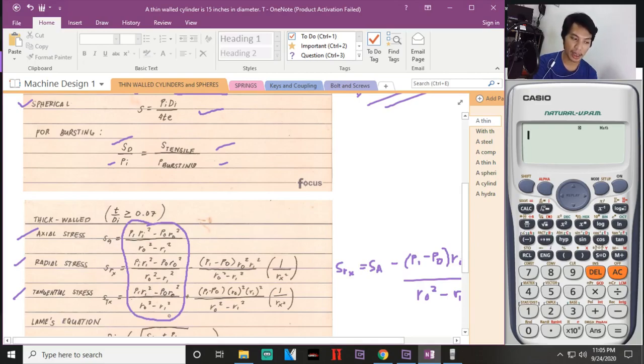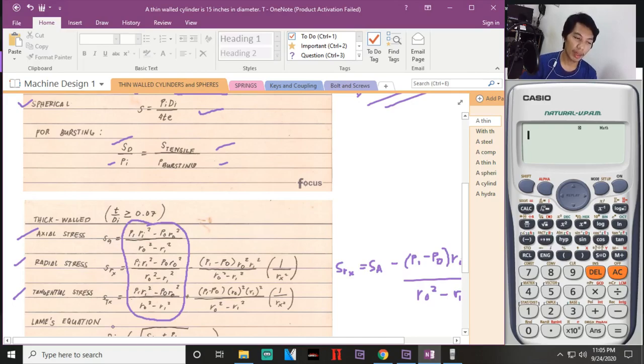Tangential stress. Okay, tandaan natin, si SA, Pi Ri squared minus Po Ro squared. Nakasquare parati ang sizes or the radius. Laging nakasquare yon. Hindi pwedeng hindi siya nakasquare, ha? Tandaan nyo, ang laging nakasquare is the radius. Yung pressure, never mong i-square yan.